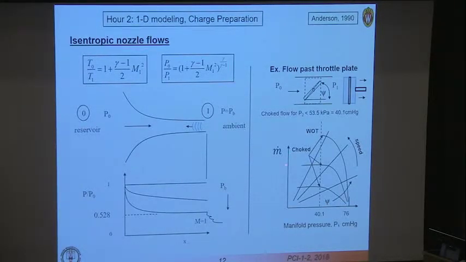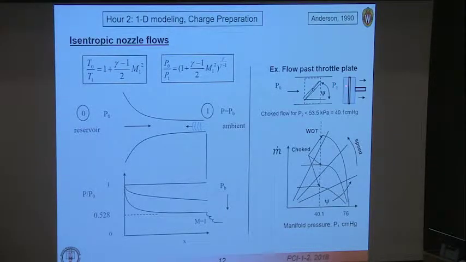So if I look at the mass flow through my nozzle plate here for different angles of blockage or different flow areas, you'll see that my ambient pressure is 76 centimeters of mercury. If I lower the pressure P1 here to 40 or below, I will choke the flow in this region, and I'll be able to get no more flow.